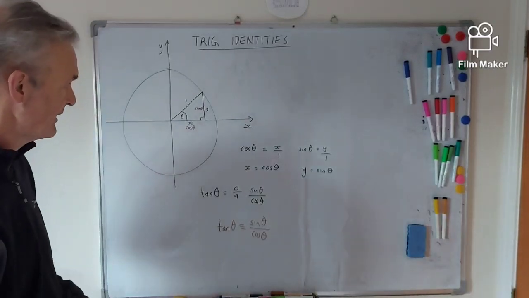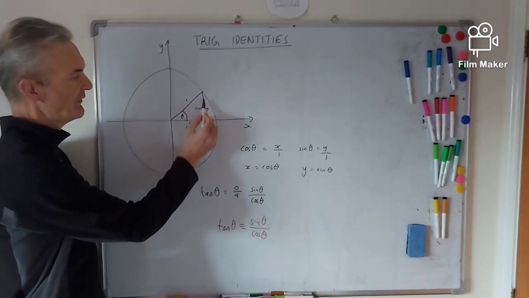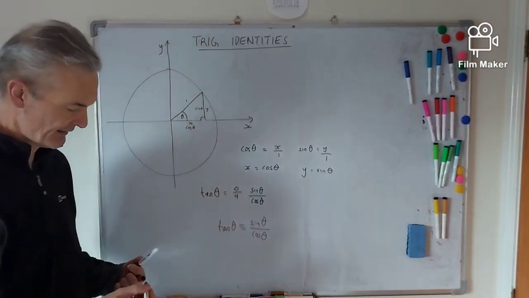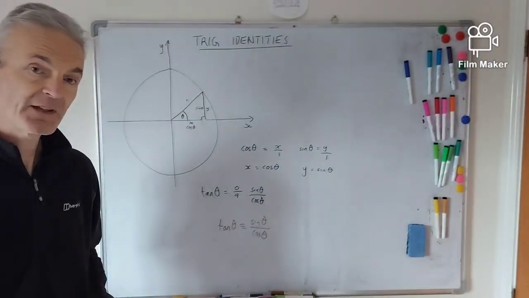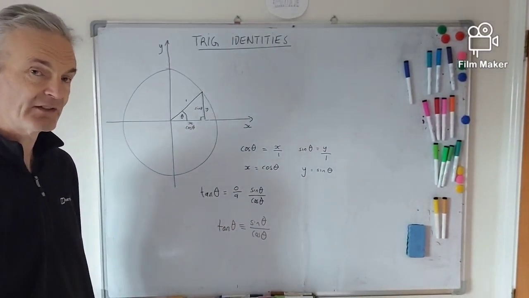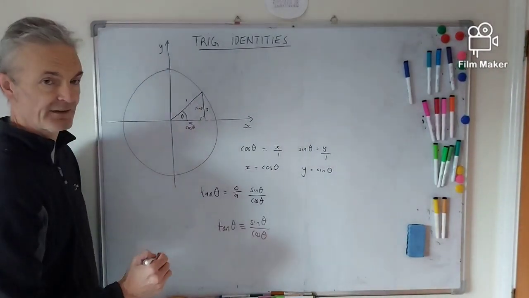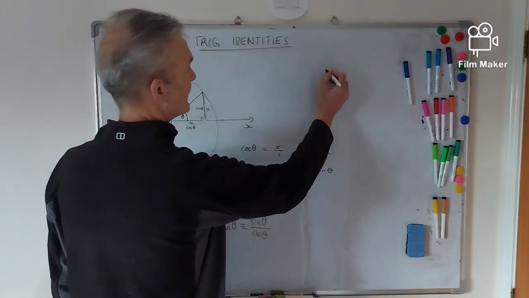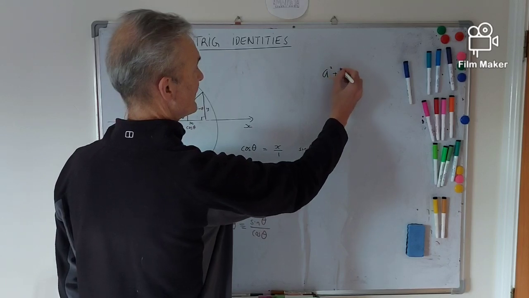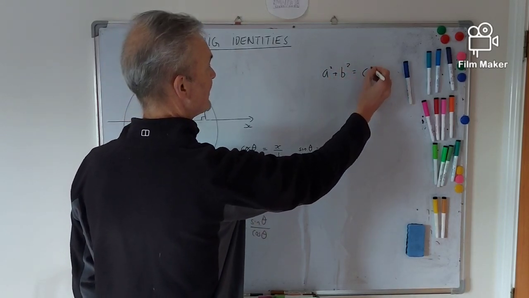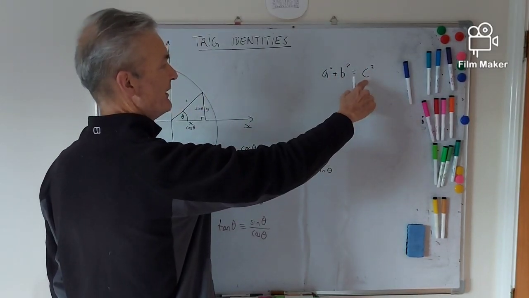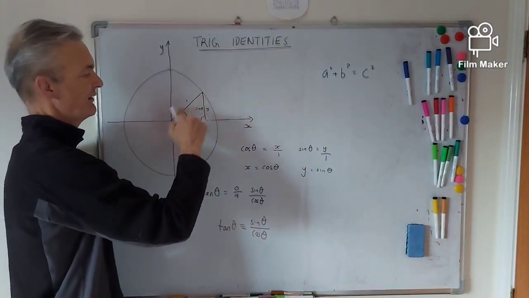Notice also here we've got a right angle triangle, as I said earlier, and we could apply Pythagoras to this triangle. So Pythagoras, if you remember, says a squared plus b squared equals c squared, where c is the longer side, so that's that side there.